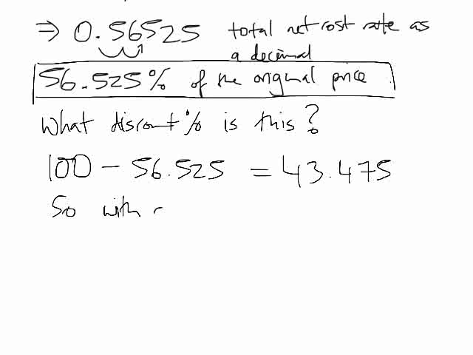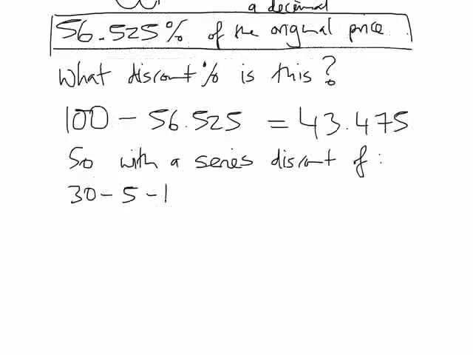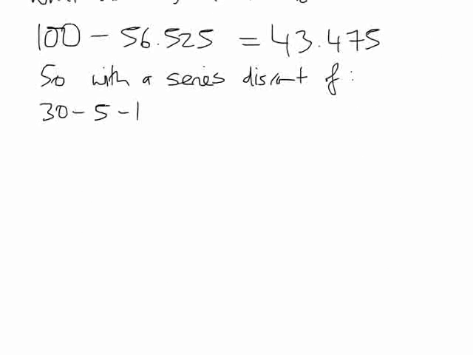So with a series discount of 30 and 5, and just let me check what that other one was, 15, they're all percents.